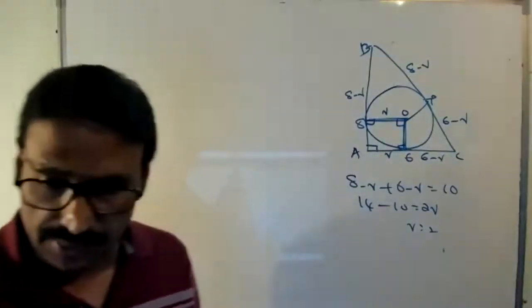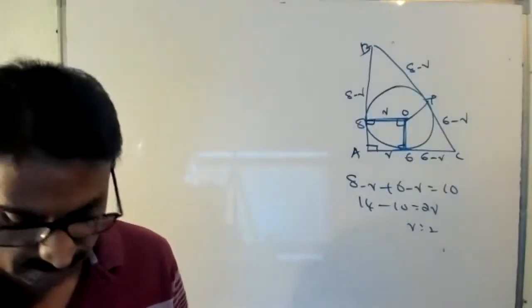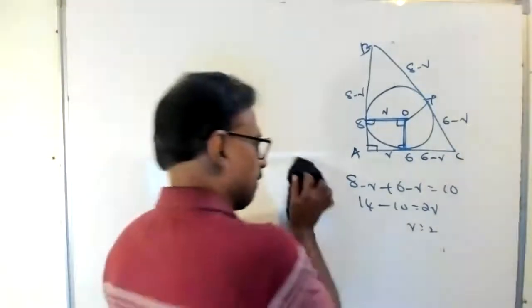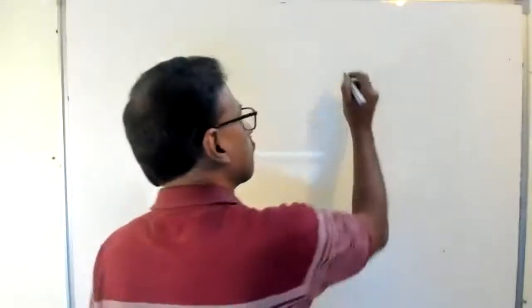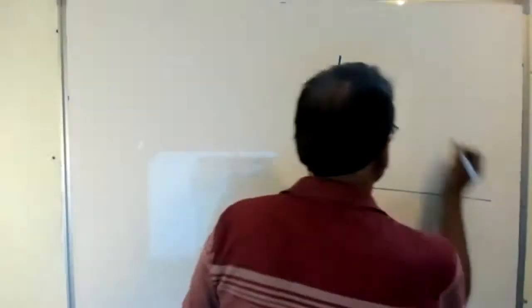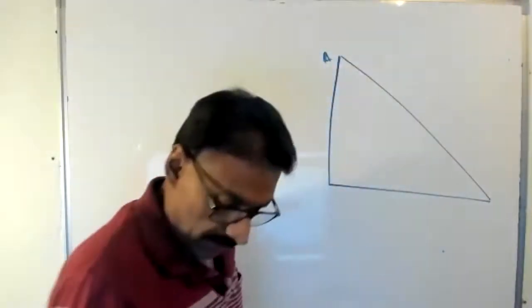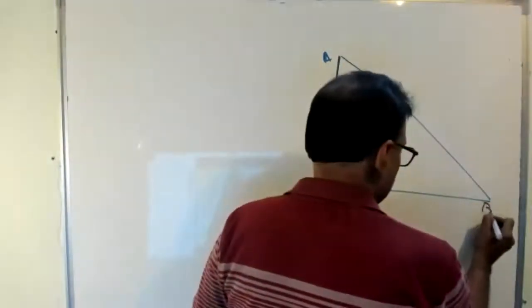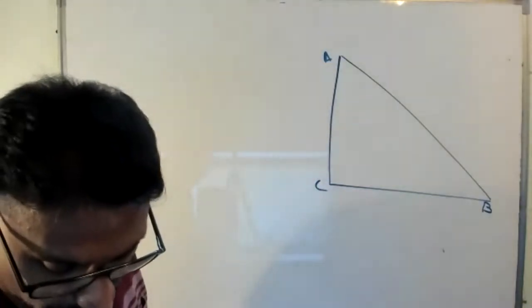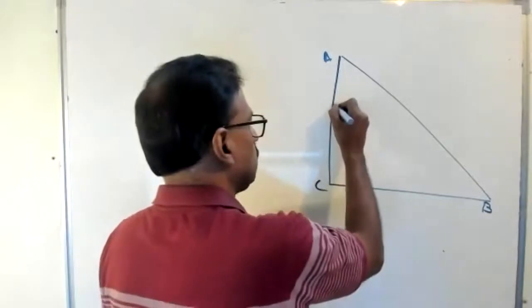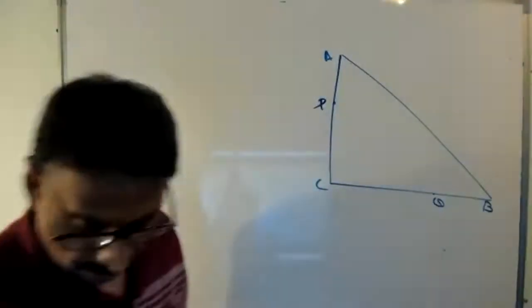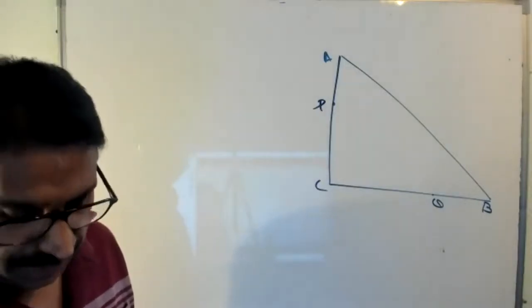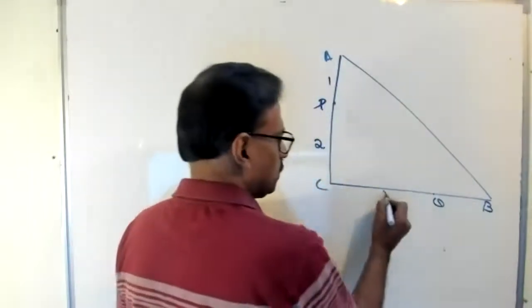In a right triangle ABC, right angle at C. P and Q are points on CA and CB respectively, dividing in the ratio 2:1. This is 2, this is 1, this is 2, this is 1.